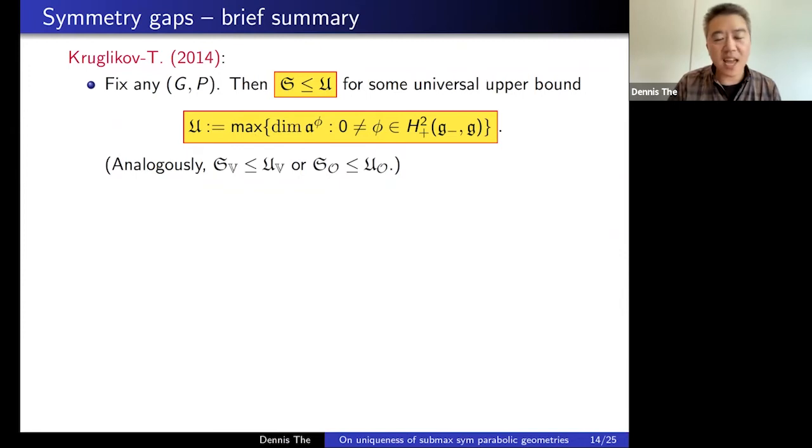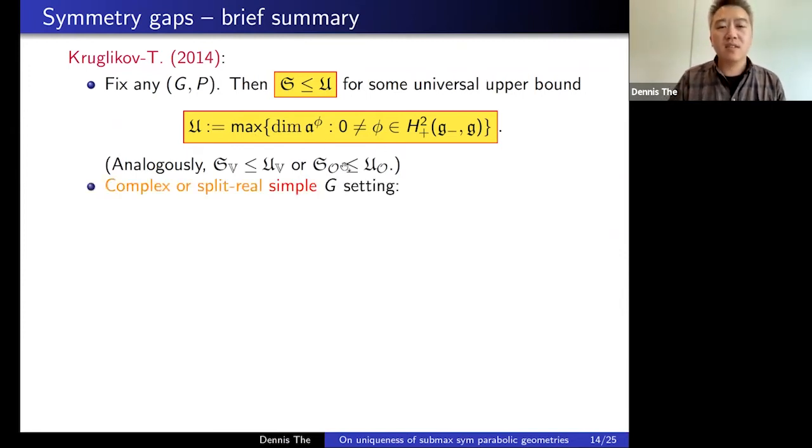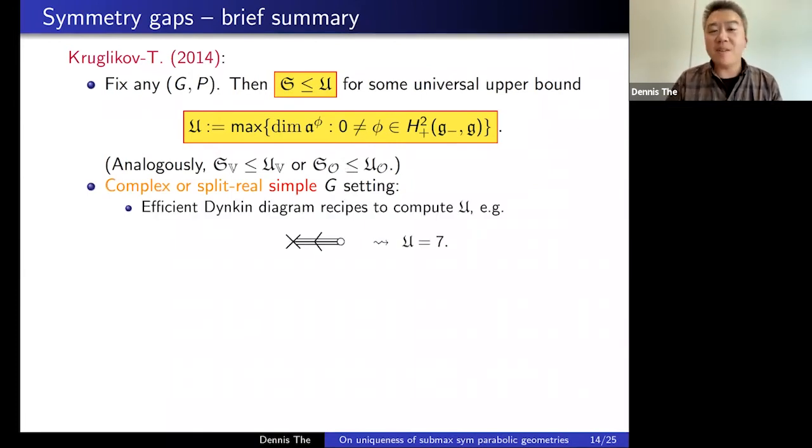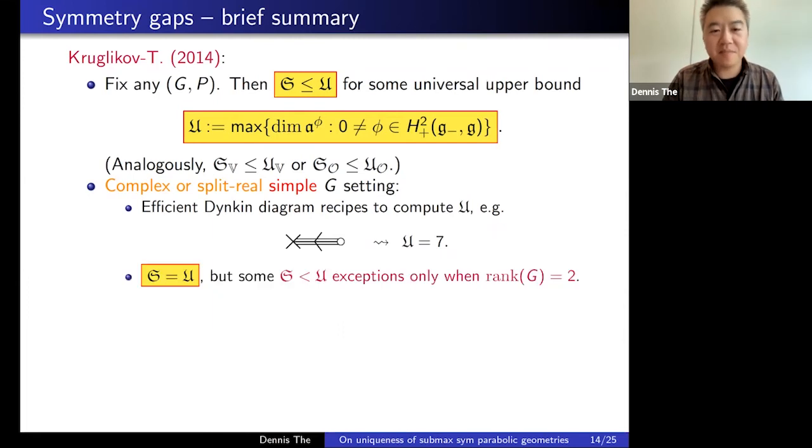Analogously we have these results in more restricted settings. In the complex or split real simple setting, you have efficient Dynkin diagram recipes to compute this upper bound. For instance, there's a recipe starting with this, you could compute the number 7. But these recipes are just as easily applied to the E8 setting.